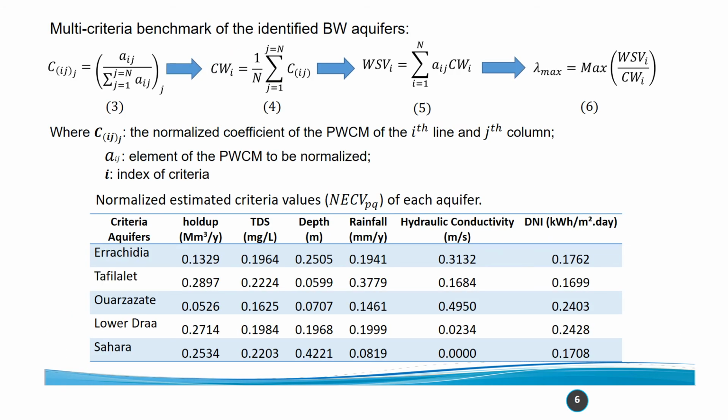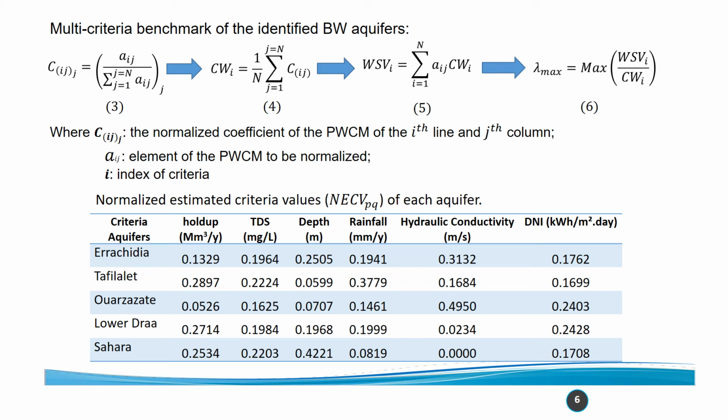The first one consists in normalizing the pairwise comparison matrix using equation 3, where A_ij represents the original criteria value for each aquifer, and CW_i the estimated criteria weights evaluated through equation 4. The criteria weights values are further used to determine the weighted sum values of each criterion via equation 5.